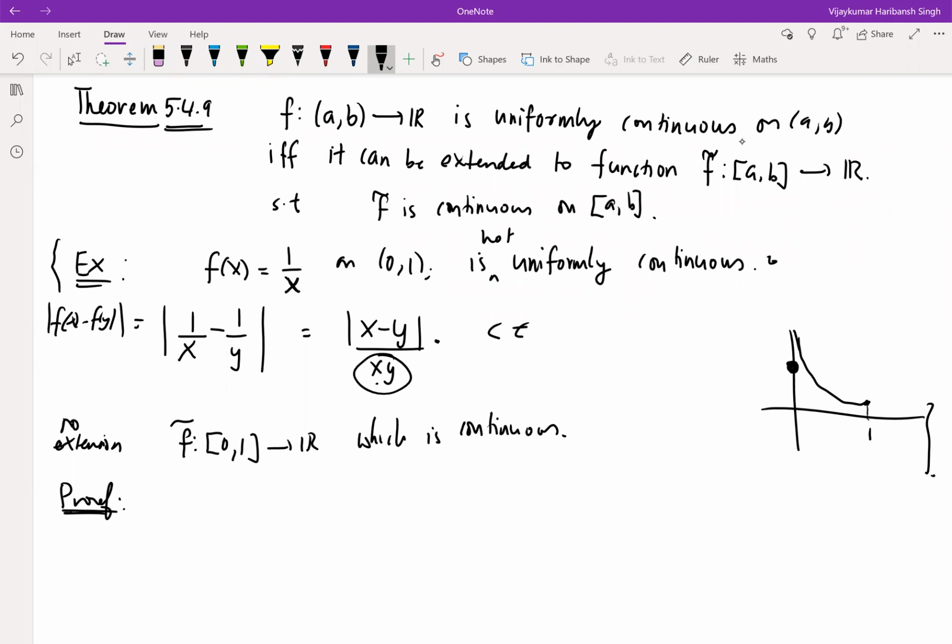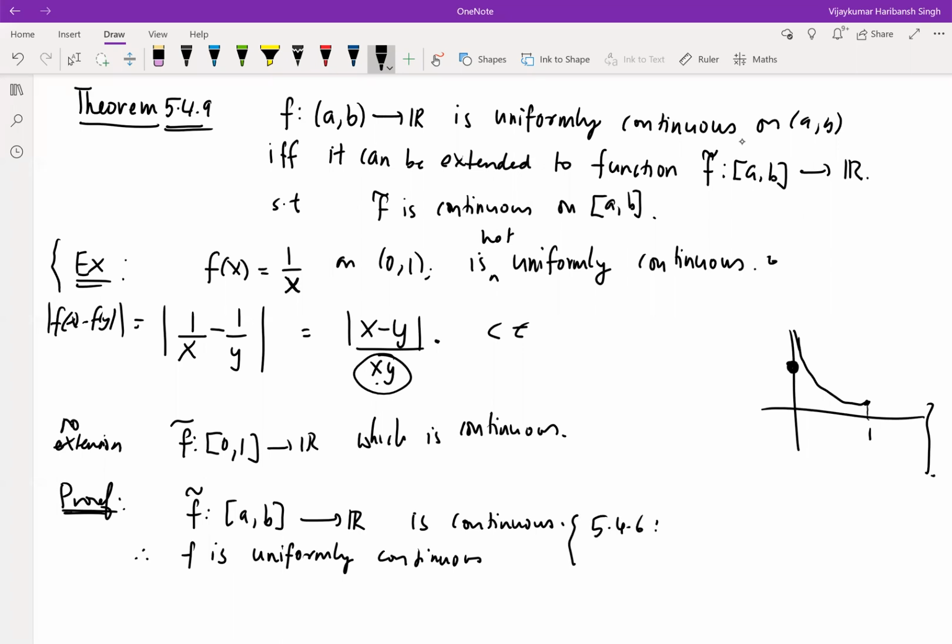So we have to prove both ways. Suppose there exists f tilde from [a, b] to R which is continuous. This implies f is uniformly continuous. Why is that? Because we already saw this theorem, theorem 5.4.6 of the text, which said if f is a function from D to R, continuous, and D is compact, then f is uniformly continuous.